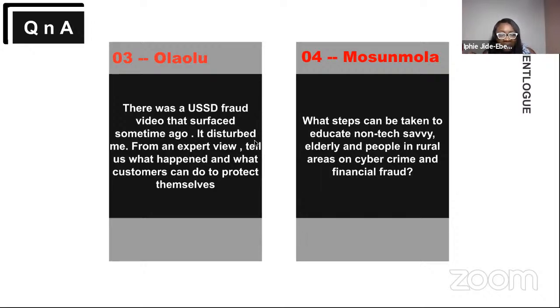And I think a few people had to block their cards from doing transactions or something like that. We just want your expert view, first of all, on what happened. We'll play the video a little bit for our audience, and people that have not seen it, or have seen it and didn't understand. We would like you to tell us from your expert view what happened really, and then how can people protect themselves? So, Faye, let's do it.